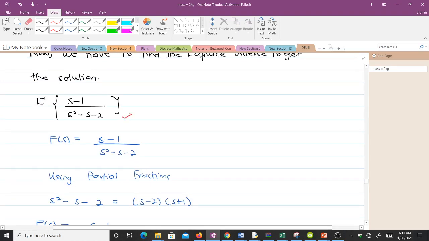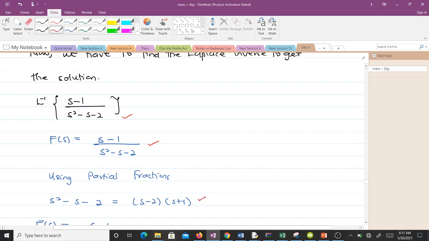Alright, so we take the particular function and we use partial fractions on it. Okay, so s squared minus s minus 2 can be written as s minus 2 times s plus 1. That's the denominator.